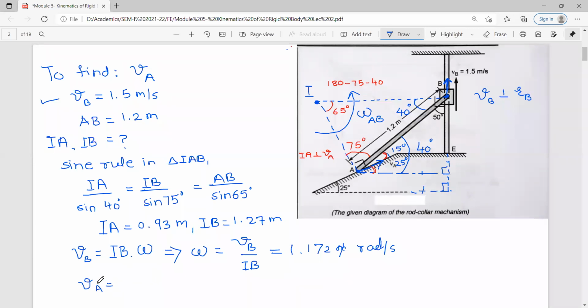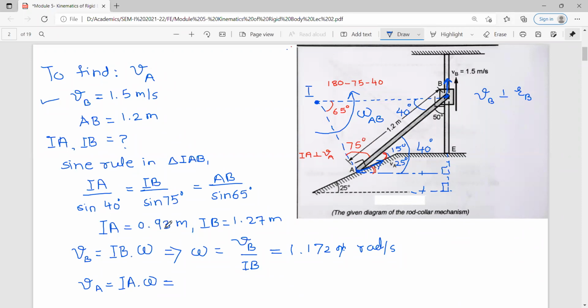So what is the radius of point A? That is IA, multiplied by angular velocity. So put the values here.